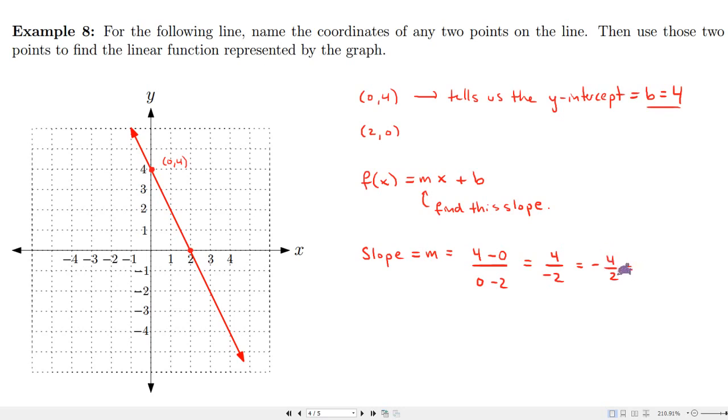And so then this is just -2. So that's our slope. Geometrically, it might look like it's not matching up because of the negative going down here, but it does make sense.